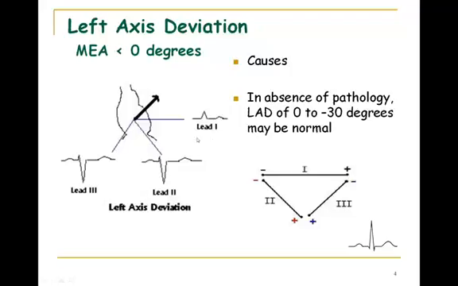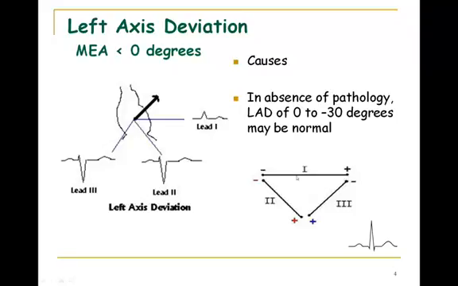There is some leeway they give to people if they determine your mean electrical axis, and it may be negative, it may be up to minus 30 degrees. That still is a left axis deviation, but it may be considered normal as long as there's no evidence of any pathology. The rest of your EKG looks okay, and any other tests they run are perfectly fine.